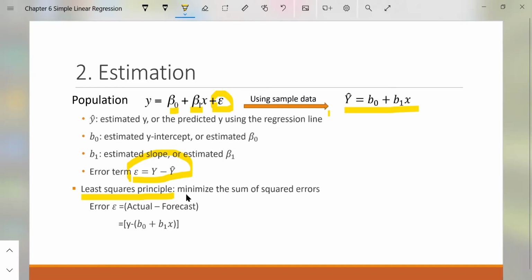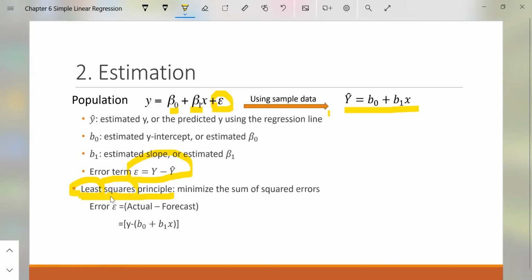In this method, what we are trying to do is basically trying to minimize the forecast error, or trying to minimize the difference between the actual data and the estimated value. But you would see two terms, least, that makes sense because we're trying to minimize the forecasting error. But why squares, right?